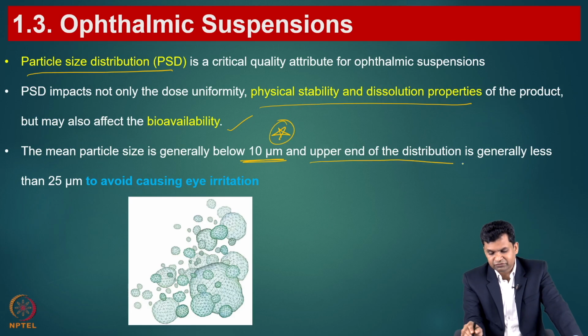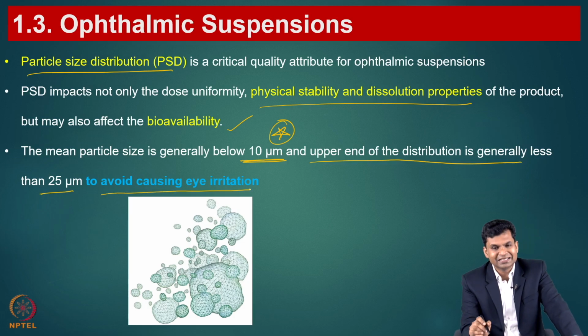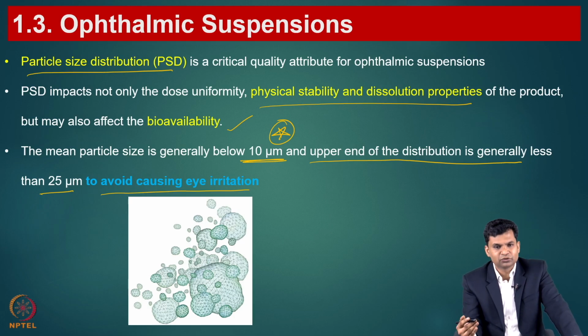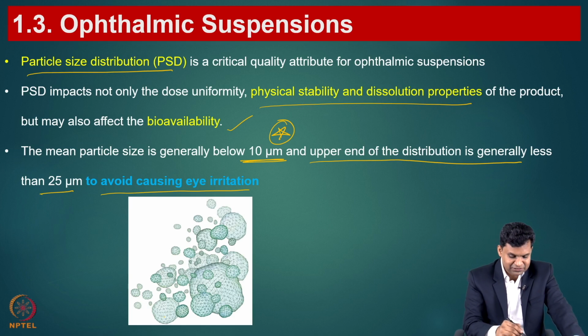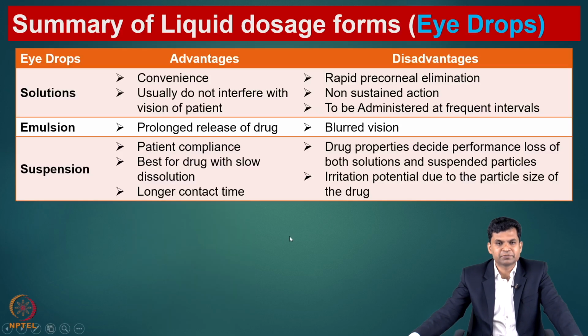The upper end of the distribution is generally less than 25 micron to avoid causing eye irritation. The preferable size is 10 micron, and if you go more than 25, that leads to eye irritation. So, that particle size distribution needs to be maintained for ophthalmic suspensions.